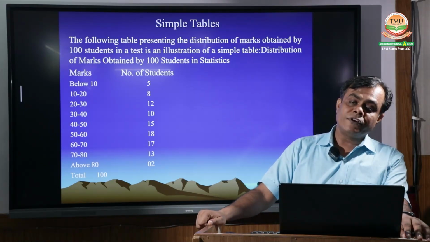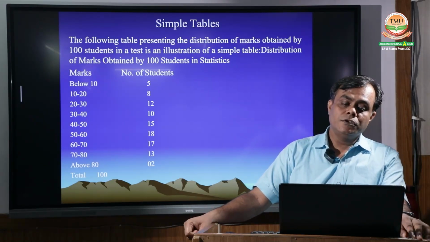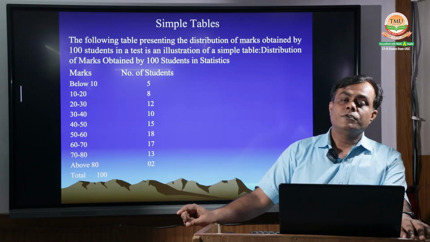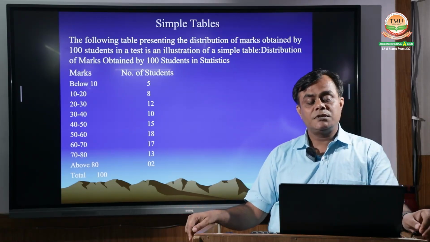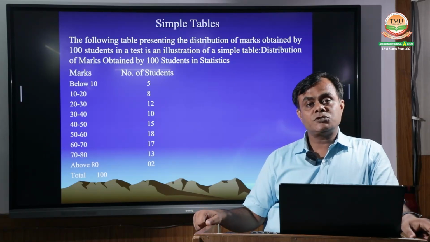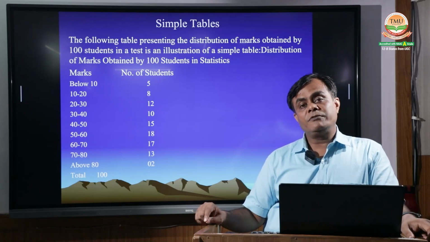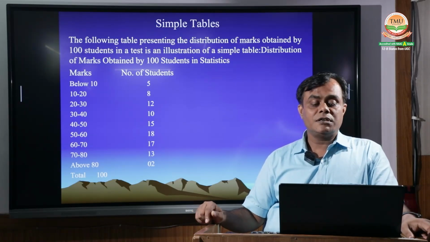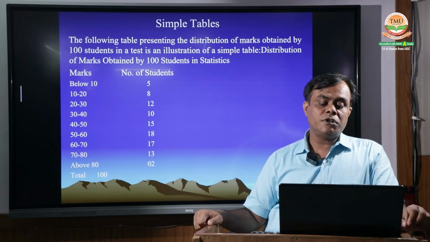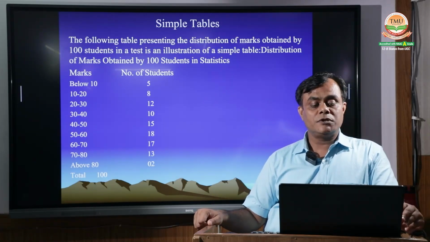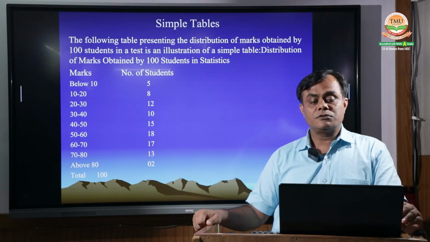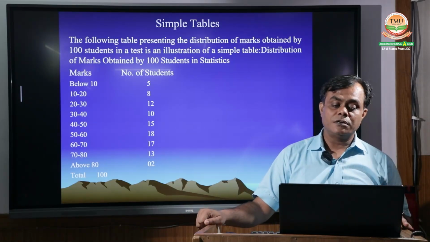The first class interval is students who obtained marks below 10. The second class interval is marks between 10 to 20. The third class interval is marks from 20 to 30.